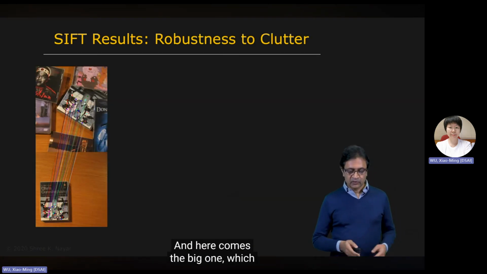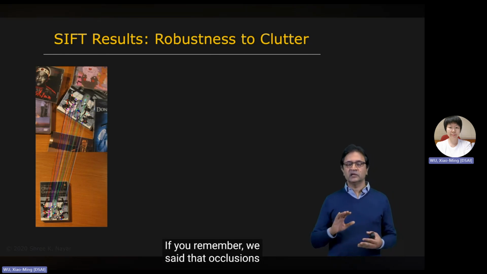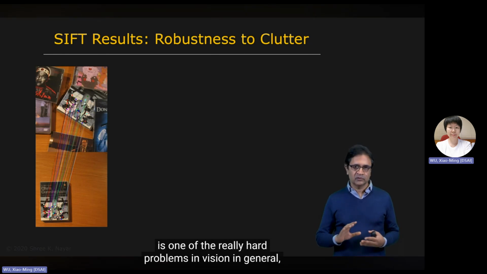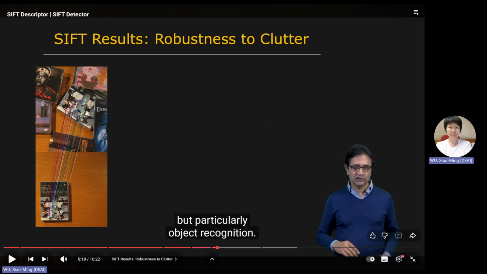And here comes the big one, which is robustness to clutter. If you remember, we said that occlusion is one of the really hard problems in vision in general, but particularly object recognition.